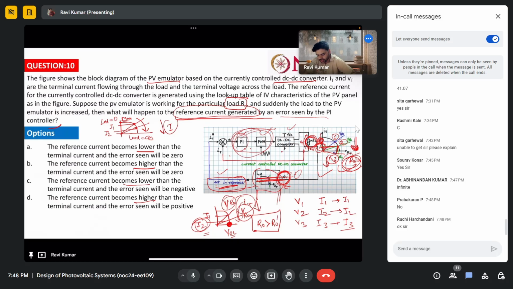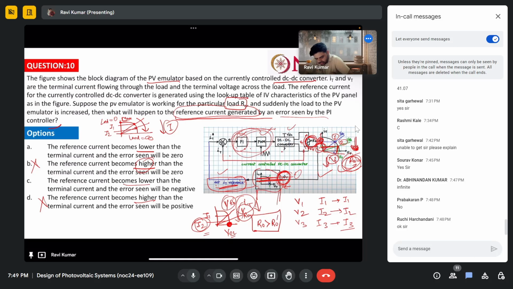Okay, Ruchira. So this is the reason why this reference current will decrease. So it is saying higher, so this is not the right answer. Now comes the other thing, the error seen by this PI, which means the controller will see the difference. What will be the difference, negative or positive?